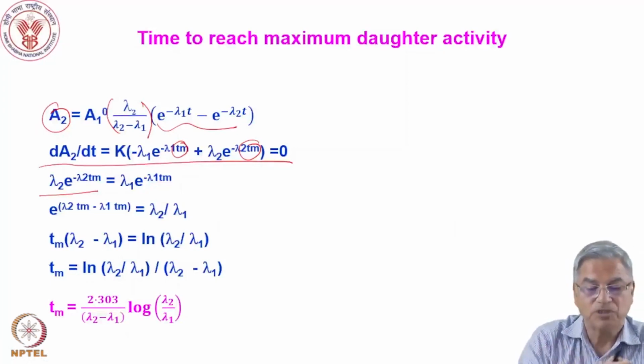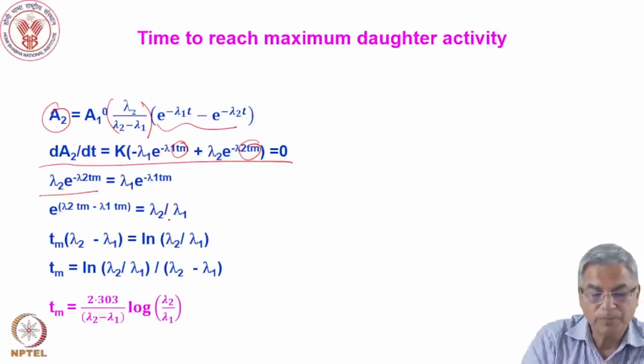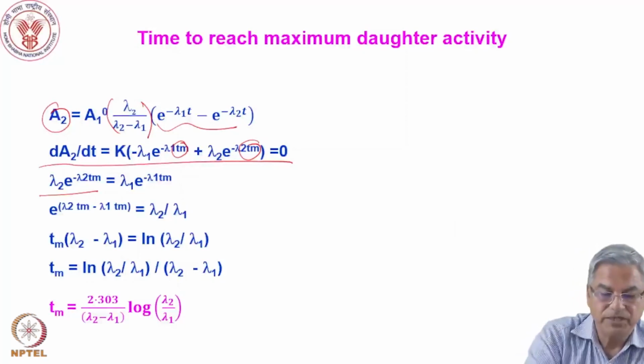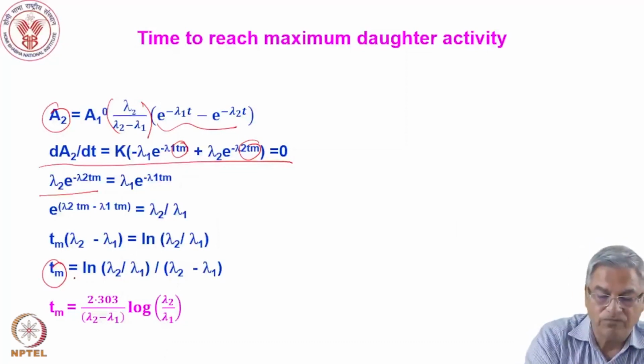So you can now try to separate the time factor. You bring the lambda 1, lambda 2 to this side, it becomes e raised to lambda 2 Tm minus lambda 1 Tm equal to lambda 2 by lambda 1. And now you can arrange them: ln lambda 2 by lambda 1 equal to Tm, taking out lambda 2 minus lambda 1. So Tm, the time to reach maximum daughter activity, equals ln of lambda 2 by lambda 1 upon lambda 2 minus lambda 1.